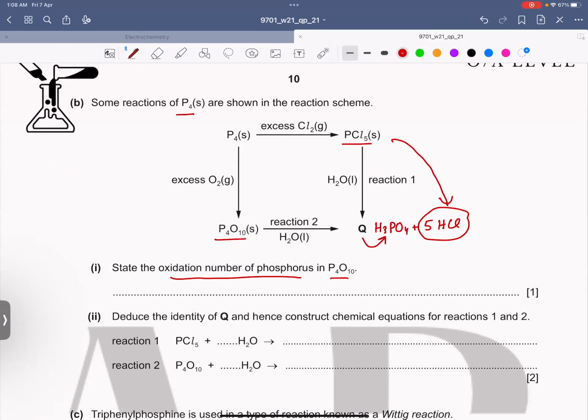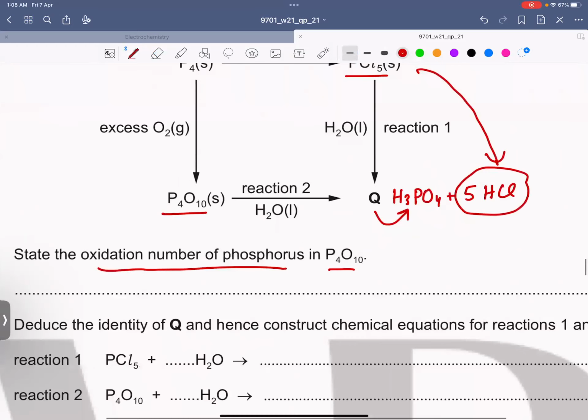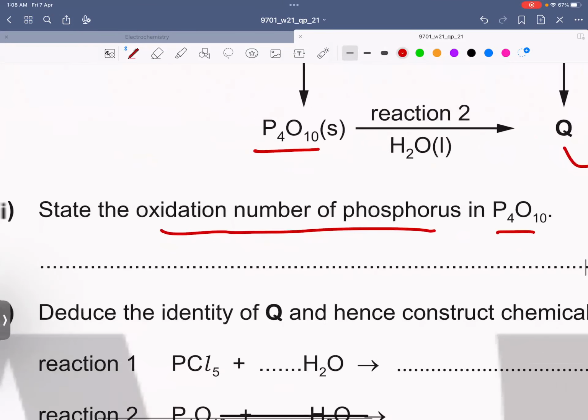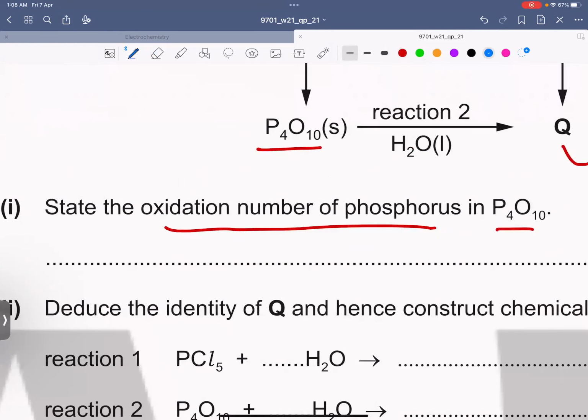State the oxidation number of phosphorus in P4O10. So let's do a little work to identify. P4O10 has no charge on it, so the net charge must be 0. We know oxygen is the most electronegative in this case, so it has a -2 oxidation number, and there are 10 oxygen atoms, which makes it -20.